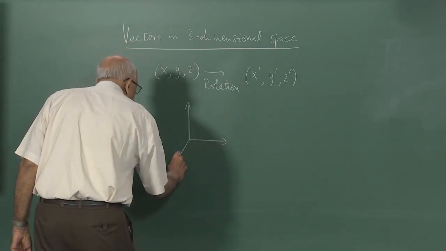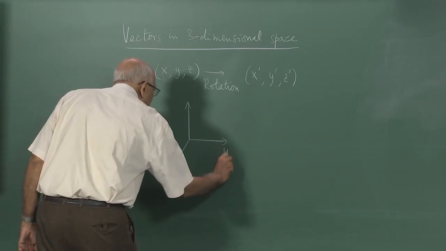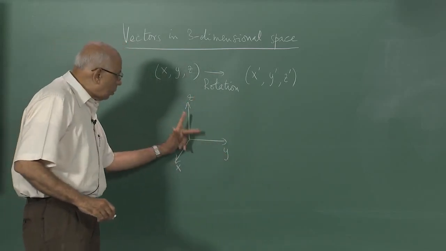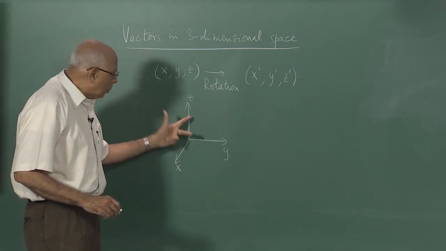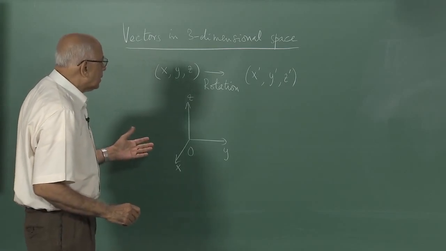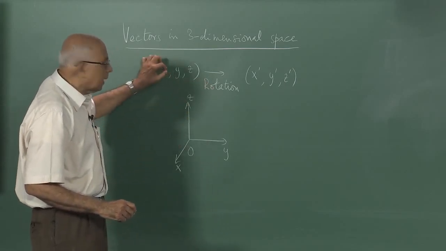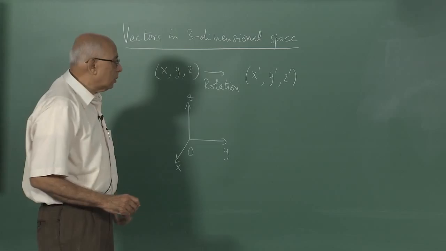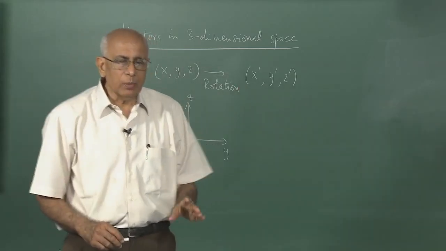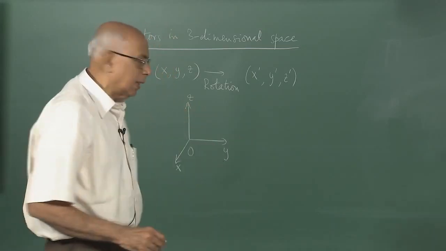So here is my coordinate system, the original one with x, y and z, and the idea is you rotate this coordinate system to make it orient in some other direction, and in the new coordinate system a given physical point which has coordinates x, y, z in the original system has new coordinates x prime, y prime, z prime, which are linear combinations of x, y and z.